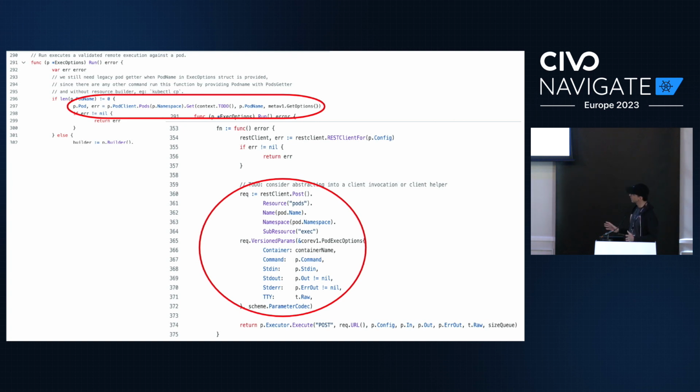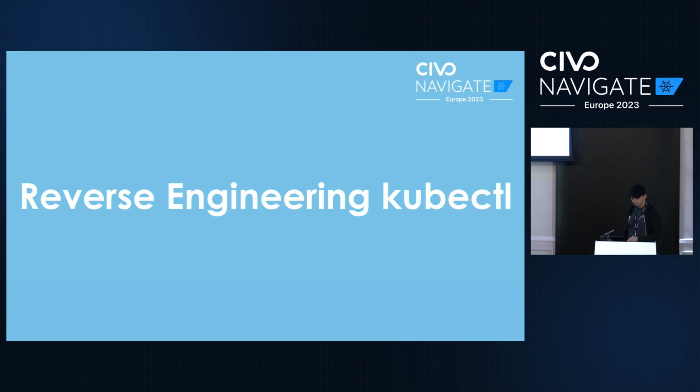Still not quite clear, but at least it's a bit easier to understand what's going on. Obviously, there are good reasons for all of those abstractions, and it's possible to understand what's going on if you spend enough time, but it may take a while. So we need a shortcut.